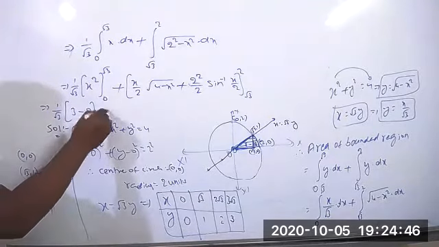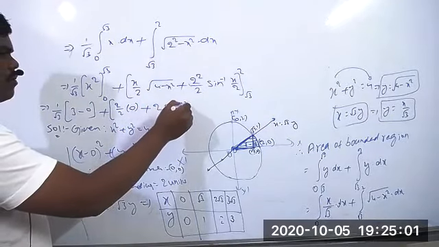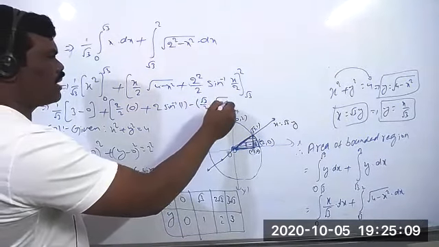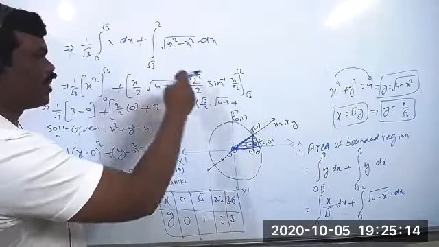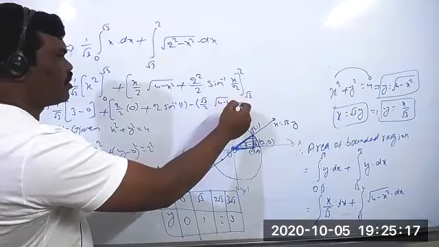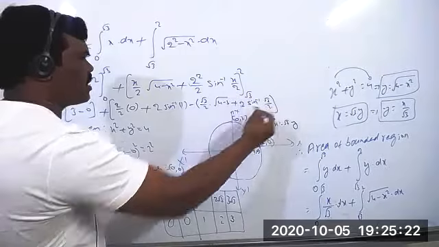Plus, taking 2, the first term is 2 by 2 into root 3 by 2 into square root of 4 minus 3, and then a square by 2, which is 2 only, into sin inverse of root 3 by 2.